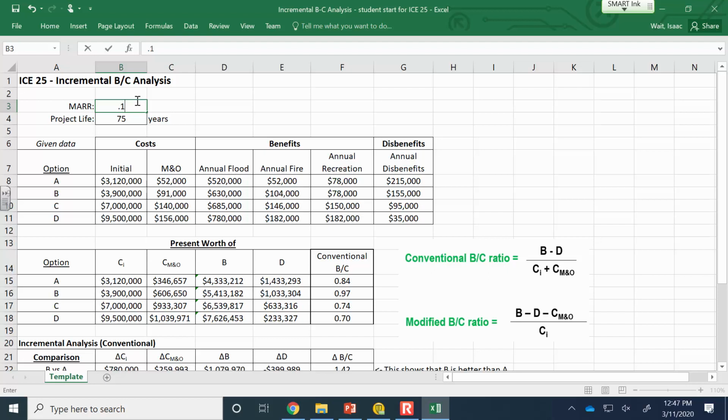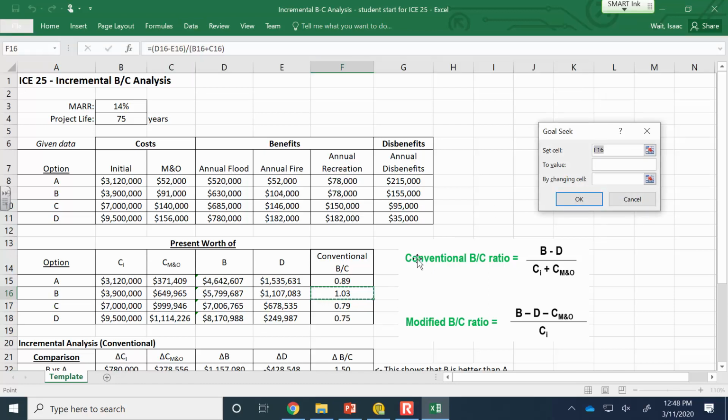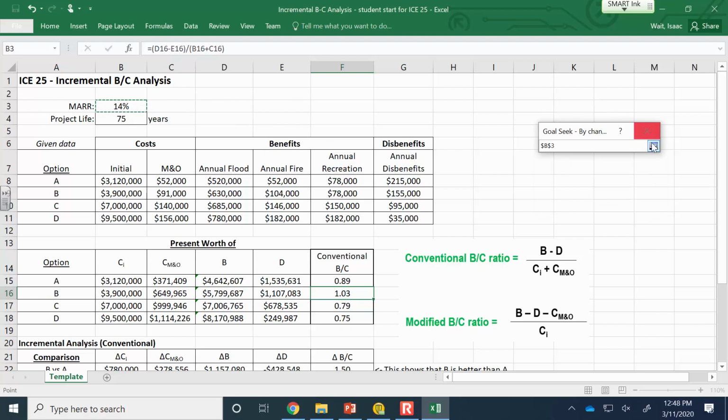14%? So what we can do is let's do a goal seek. It looks like option B is the alternative that stays above 1 the longest. Data, what if analysis, goal seek. We want B to be set to 1 by changing the interest rate.